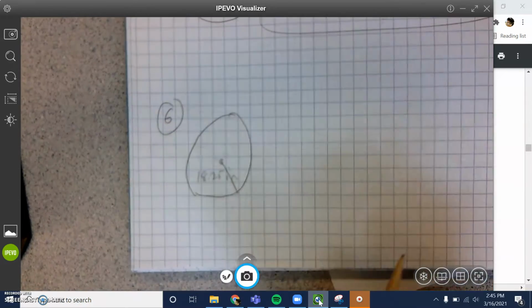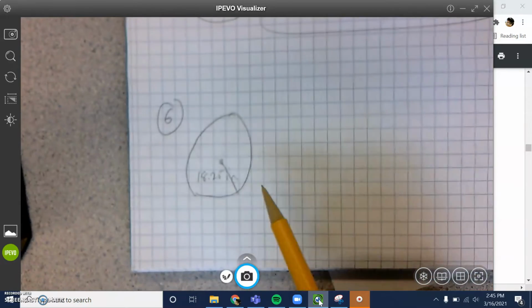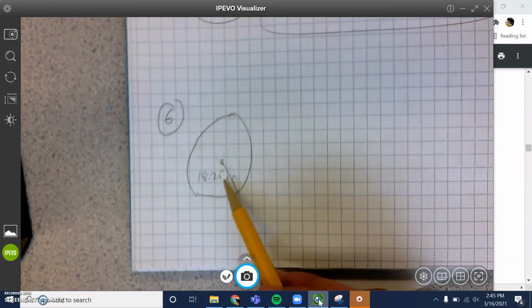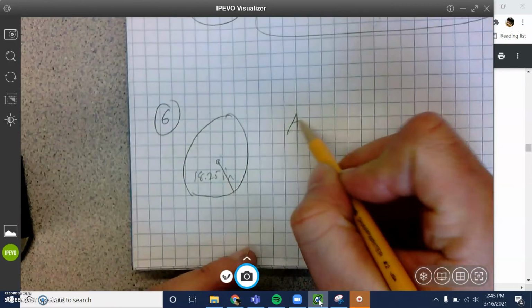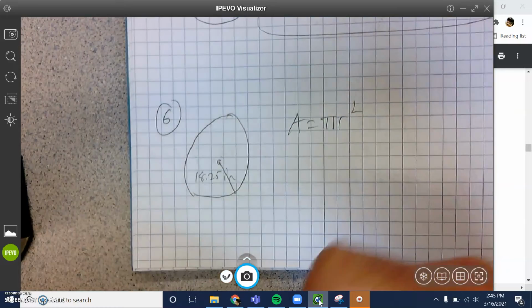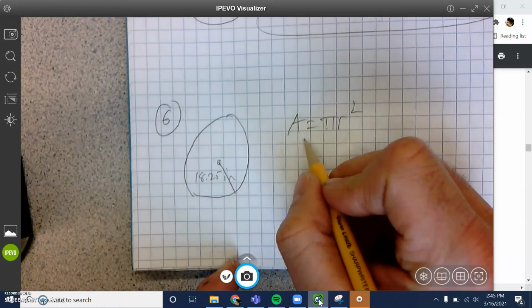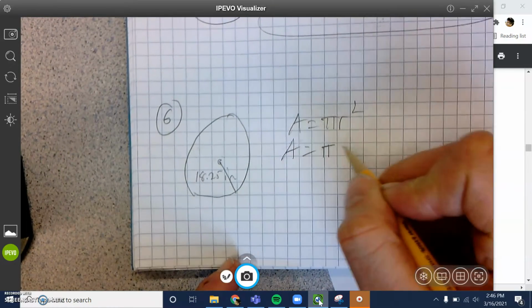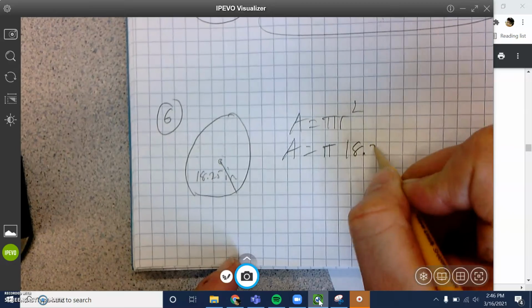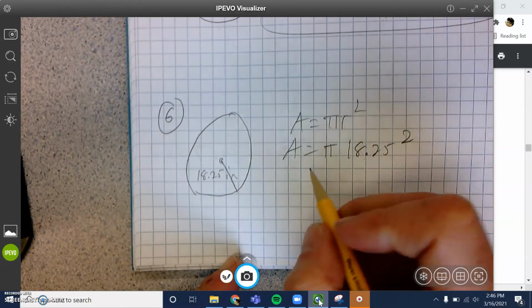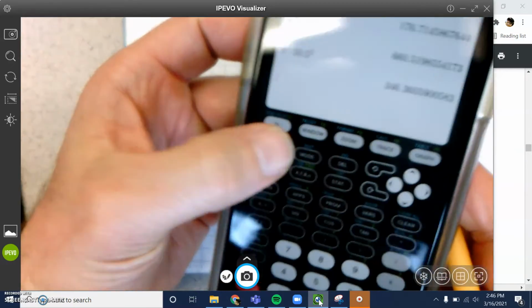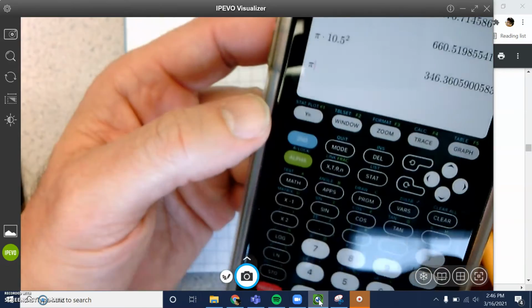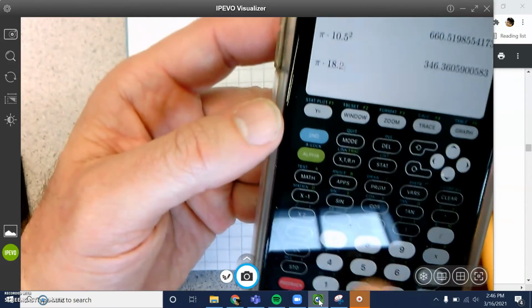Nice. All right, here's one with a lot of decimals. Ready? To the nearest hundredth. See if you can do it. So this is 18.25 inches. Okay. So area equals pi r squared. Keep writing that. Memorize it. Pi times 18.25 squared. That's already the radius. I'm already good to go. So I'm going to go pi times 18.25.